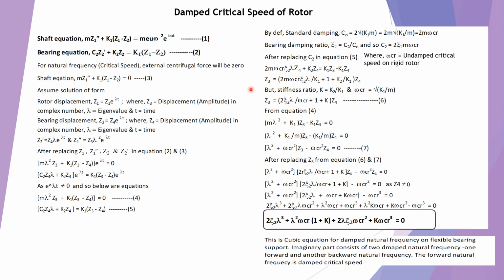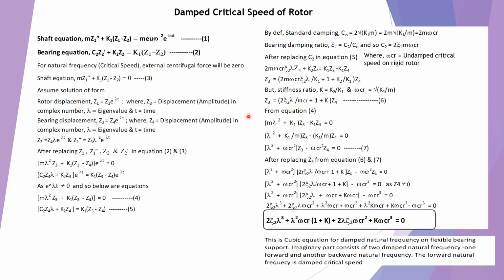So Z3 is equal to (2 m ω_CR ζ2 λ/K1 + 1 + K2/K1) Z4. But the stiffness ratio K is equal to K2/K1 and ω_CR is equal to √(K1/m). So we can write Z3 = (2 ζ2 λ/ω_CR + 1 + K) Z4. This is equation number 6.